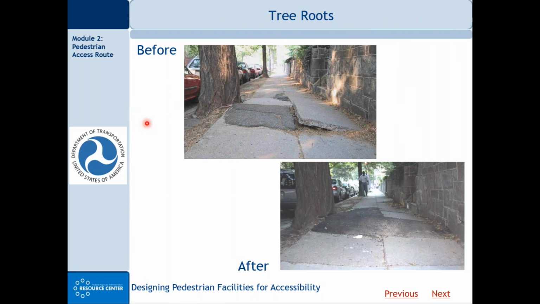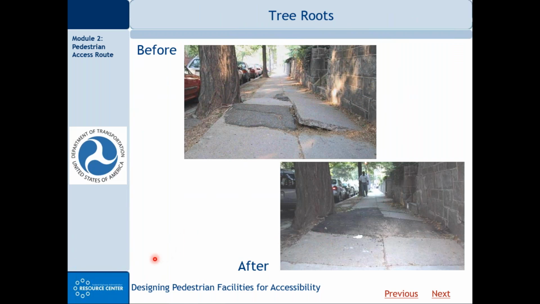My guess is the other side of the street's probably going to be a similar situation. But if the other side maybe doesn't have trees, maybe is more accessible, what you might do is designate the other side of the street that we don't see here as the accessible route and just leave this in the condition that we see here.